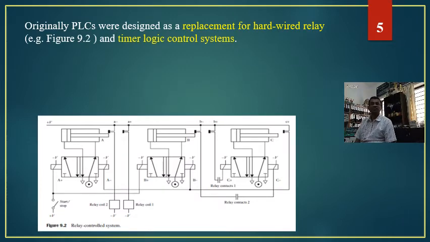In the earlier systems in industry, the control systems were basically relay based control systems. Now these relays are nothing but electromechanical devices. Whenever we say electromechanical devices, they have their own disadvantages.